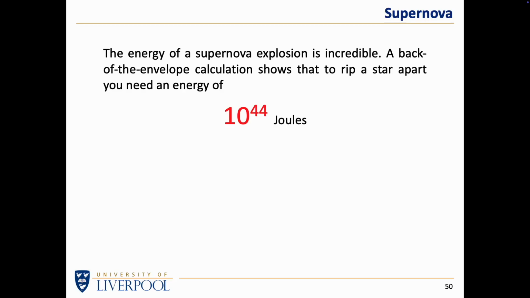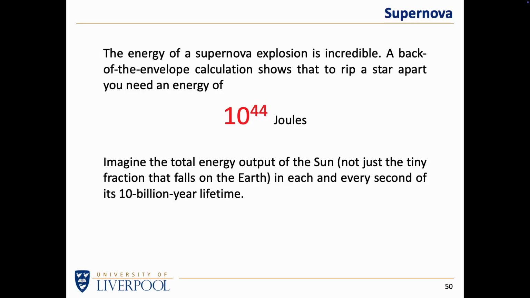But you could convert it and say, well, imagine the total energy output of the sun, not just the amount that arrives on Earth. Think of the total amount of energy being radiated in all directions by the sun, 24/7, every second of its 10 billion year lifetime. If you take all of that energy, integrated over 10 billion years, that's the amount of energy which is released in a supernova in a few seconds.